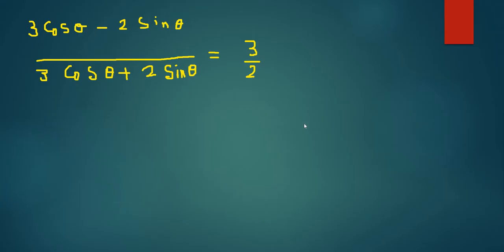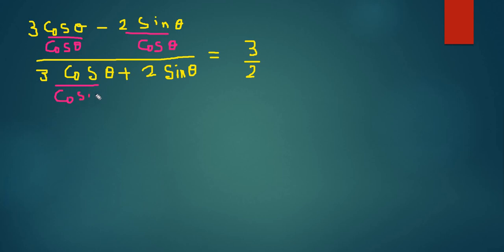To solve this problem, we divide each term on the left hand side by cosine theta, numerator and denominator.